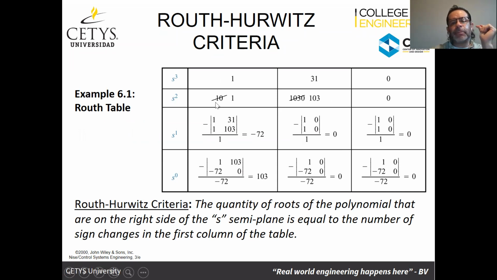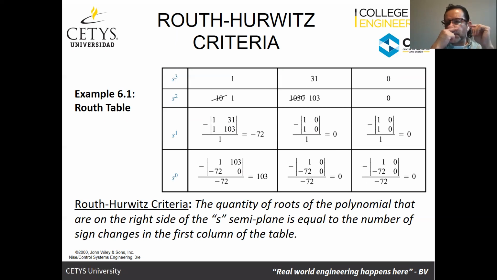In the case of this example, we've got 2 sign changes, from positive to negative and from negative to positive. That means that there are 2 poles on the right-hand side of the S-plane. Remember that if at least 1 pole is on the right-hand side, the system is going to be unstable. So this system is going to present some sort of instability.